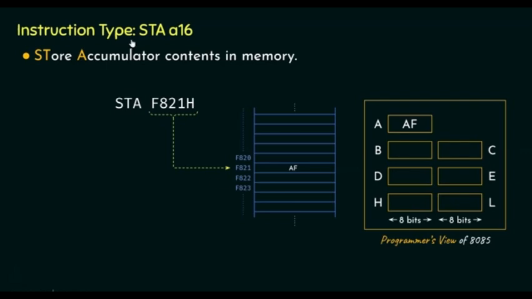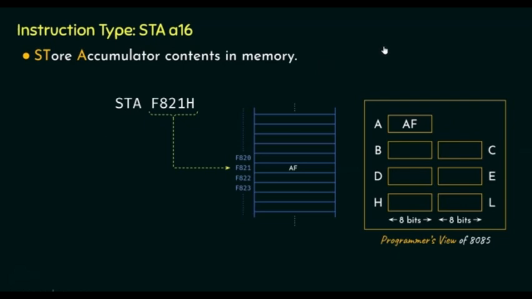So remember, STA a16 stores the content of the accumulator within the memory location specified by the a16 part. Also, this is a 3-byte long instruction just like LDA a16. Now another thing to note in here, we only have the instructions like LDA a16 and STA a16. There are no instructions like LDB or LDC.